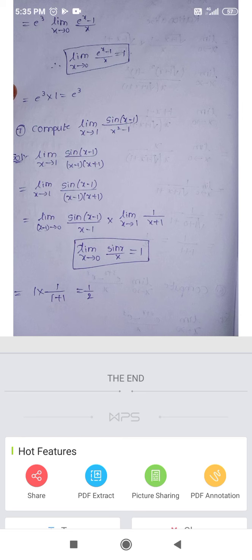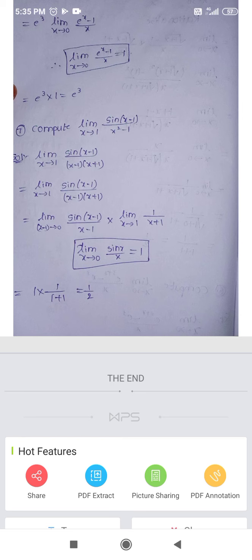But here x tends to 1 is there. So by taking that 1 to the left side, we get x minus 1 tends to 0. So we did it here like that, limit x minus 1 tends to 0, sin of x minus 1 by x minus 1 into limit x tends to 1 of 1 by x plus 1.